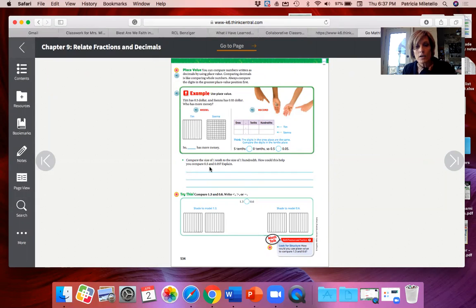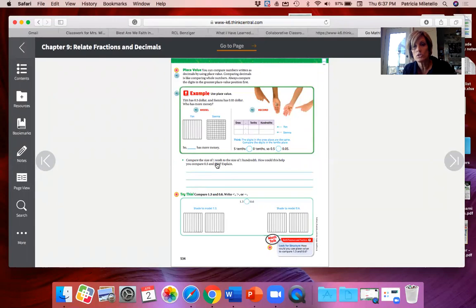You're explaining how to compare the size of 1/10 to the size of 1/100th, right? 1/10 is one of these lines colored in, these long bars here. 1/100th would be one little tiny square out of all of these squares, okay? One little tiny minuscule square up there.